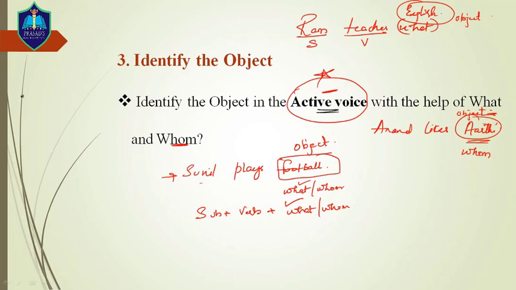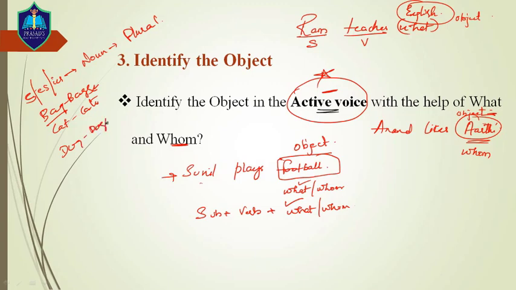And one more thing I have to explain to you: we add S or ES or IES to the noun to make it plural. For example, bag, bags. Bag is a noun, and I added S to make it plural. Cat, cats. Dog, dogs. In the same way, S or ES or IES we add to a verb to make it singular, not plural.